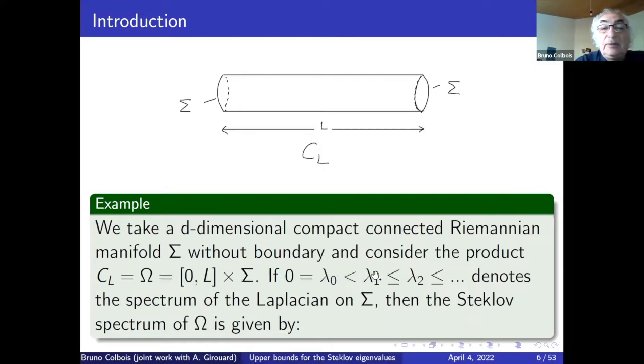You denote by lambda_0 < lambda_1 ≤ lambda_2 the Laplace spectrum of Sigma. And so there is a relation between the Steklov eigenvalues of the product and the eigenvalues of Sigma, which goes like this.